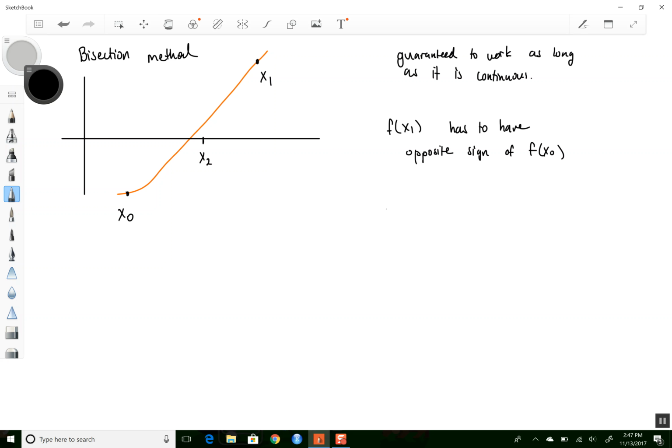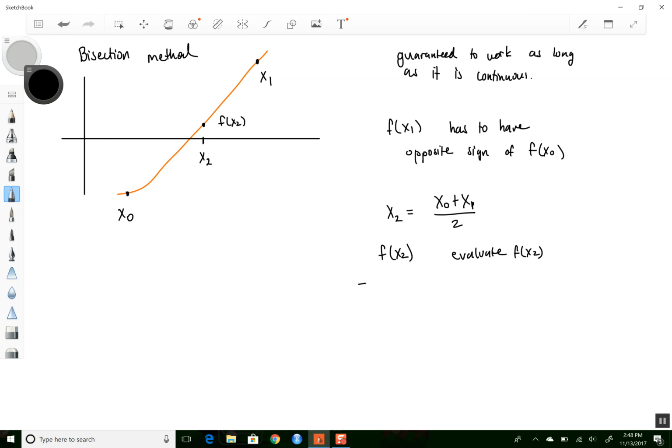So here you have x2. x2 is going to be equal to x0 plus x1 divided by 2. Then you evaluate f of x2, and you ask, what is the sign of f of x2? Based on the sign of f of x2, you throw away the one that has the same sign, and you keep the one that has the opposite sign.